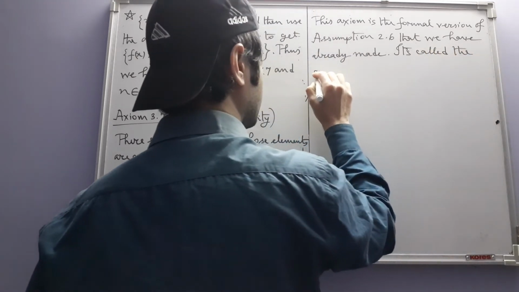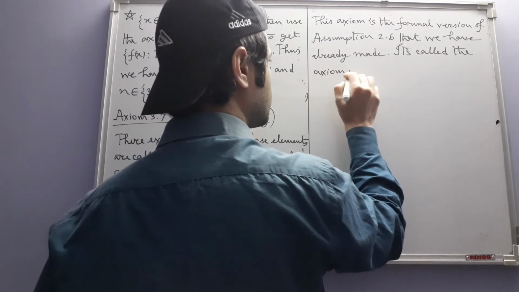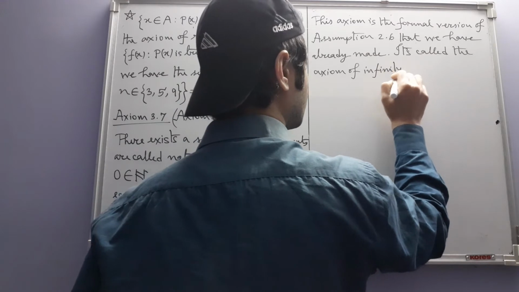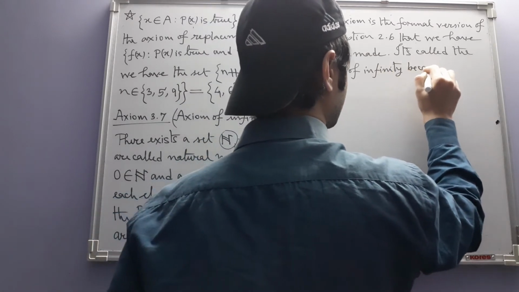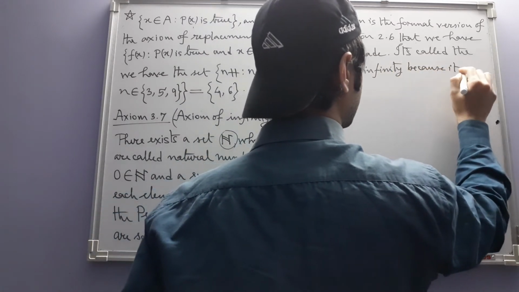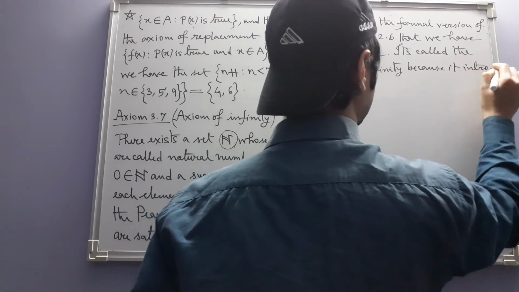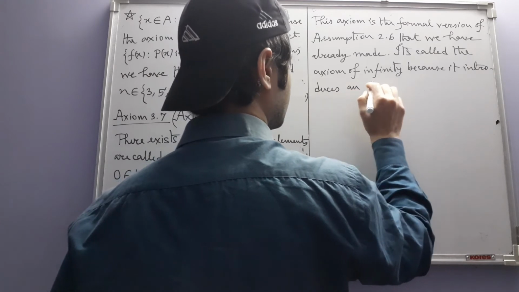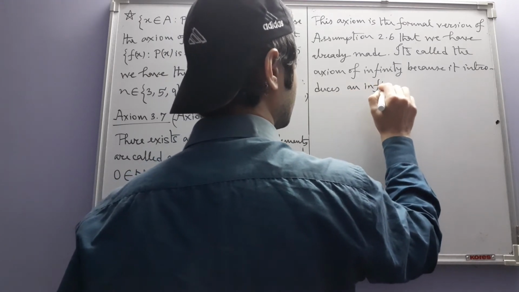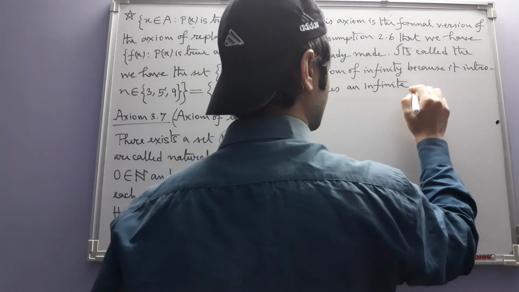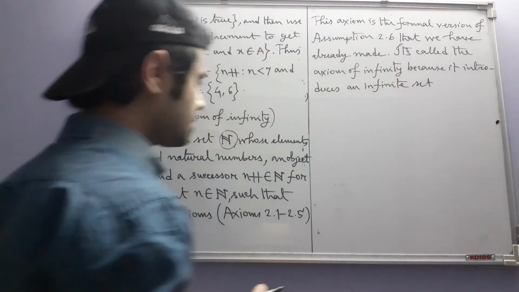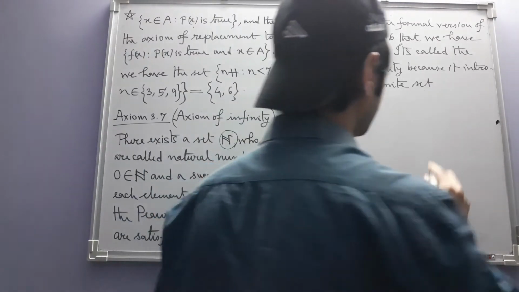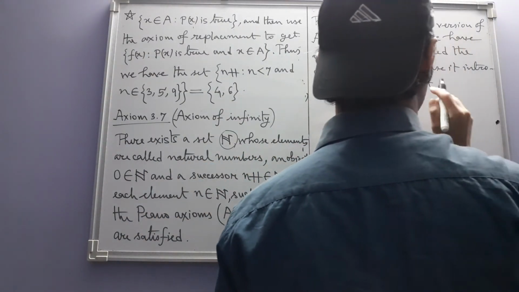It's called the Axiom of Infinity, because it introduces an infinite set, not just any infinite set, but the very basic infinite set, very basic type of infinite sets.